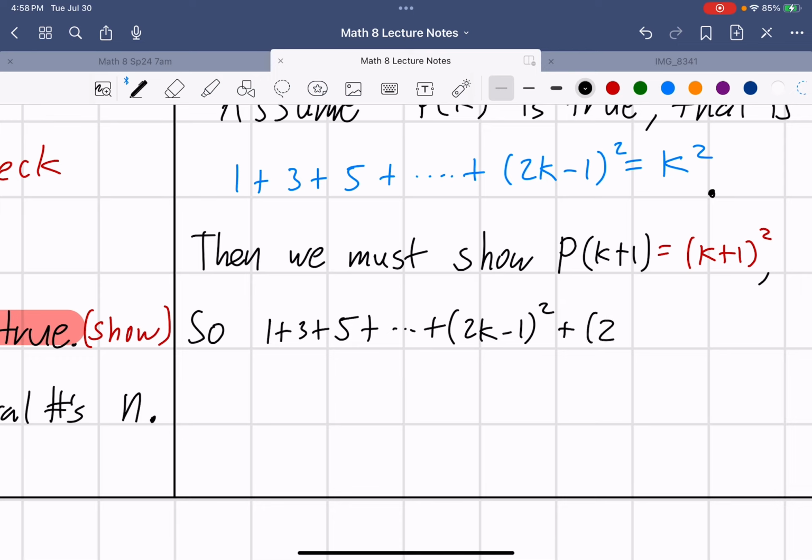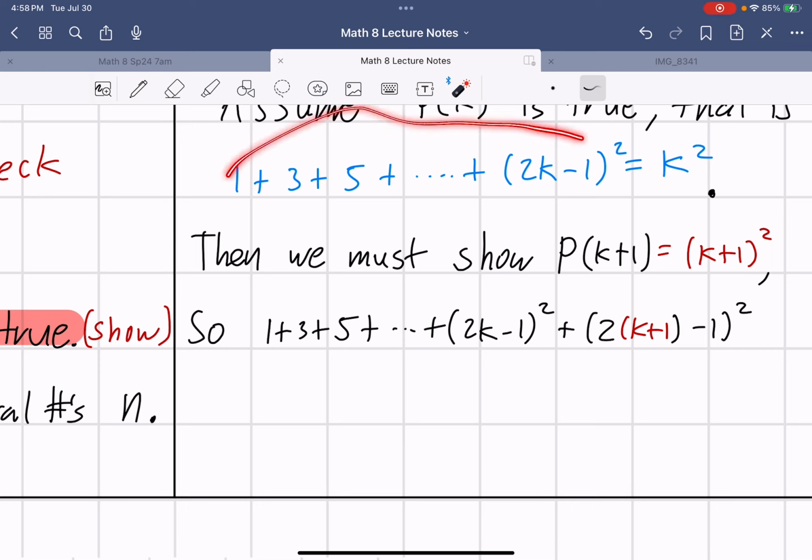So I have 2 and then k plus 1 minus 1 squared, right? So again, I need to show k plus 1, but I'm going to show that they end up giving me this value.